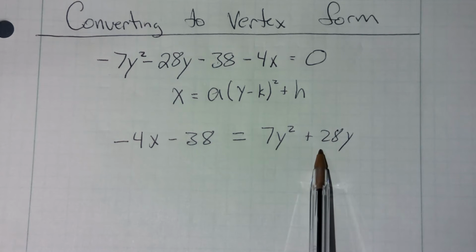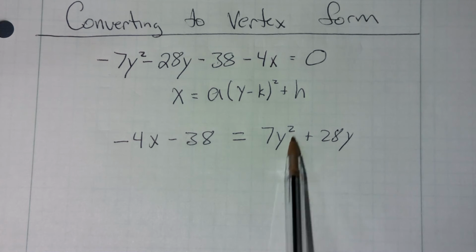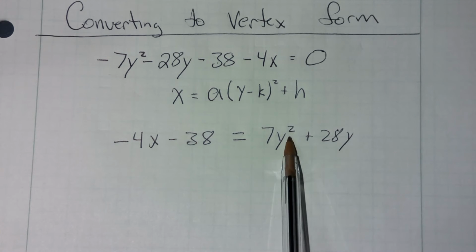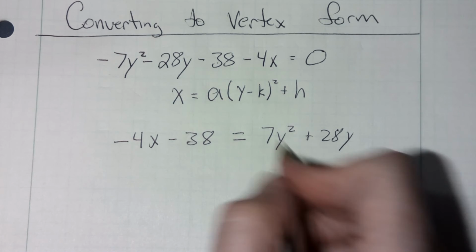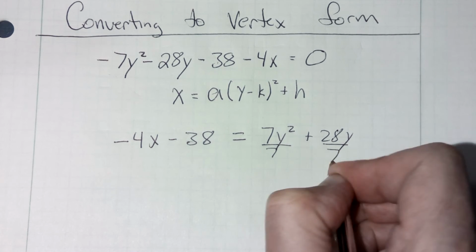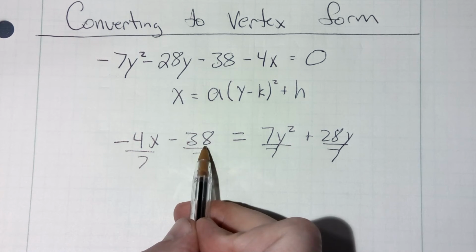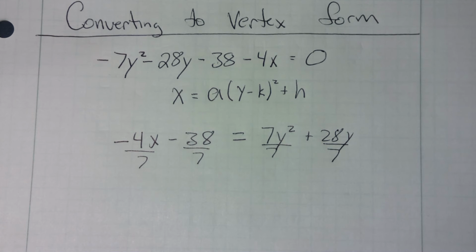Now, the next thing I want to do is get this y squared term to be a single 1y squared, not a 7y squared. So we're going to divide everything by 7, all 4 terms. Or in other words, the whole left side by 7 and the whole right side by 7. But I like to keep them as separate terms, so I divide each term by 7.